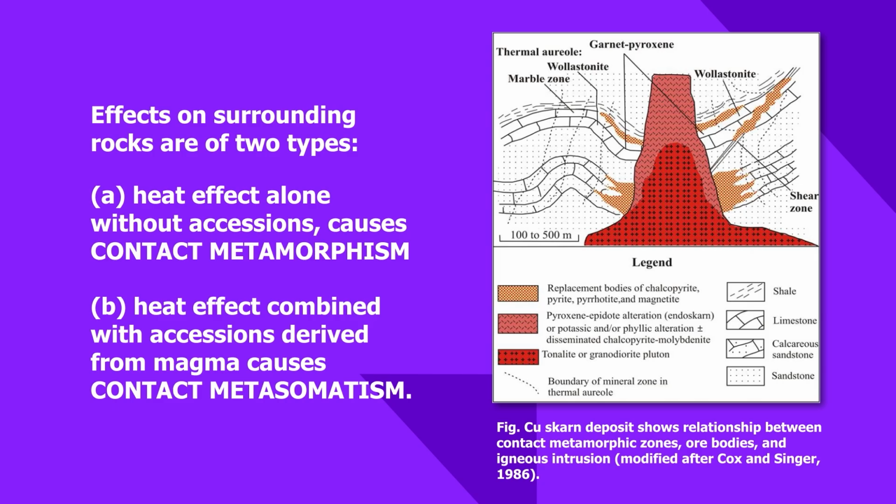You may find one central body which is red colored, which is the main source of heat, and surrounding that you may find zones shown in yellow or yellowish brown color. They are basically thermal aureole and garnet pyroxene zones. In this diagram I am also showing the shear zone. Along this shear zone you may find a lot of wollastonite formation.